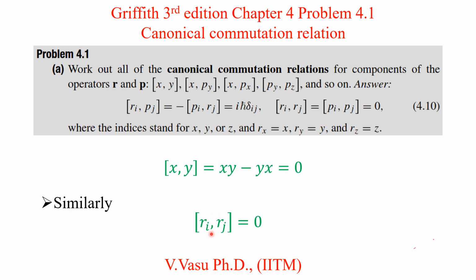So generally it is the commutator of Ri with Rj is equal to 0, because instead of xy you take xz or yz, some permutation combination of x, y, z, you will get the same result. So we have shown that the commutator of Ri with Rj is equal to 0.